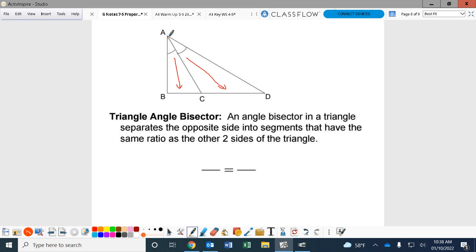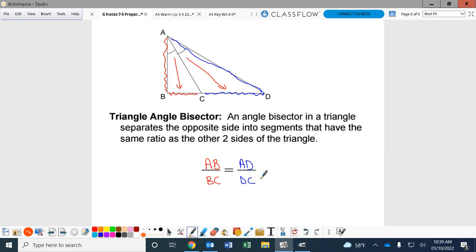It's going to be this outside piece over here, the AB, goes over this piece at the bottom that's connected to it, so the BC. And then on the other side, the one that is on the outside, the one that's here connected to that angle bisector, that one right there, the AD, is going to go over the piece that is connected to it that is across from the angle bisector, that DC or CD. It doesn't matter what order you put the letters in, as long as the letter pairs, like the segments, are in the same spot.